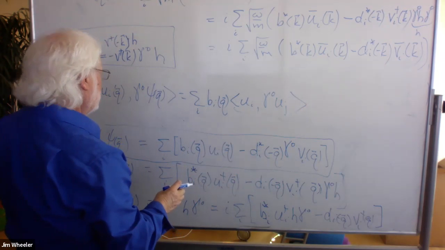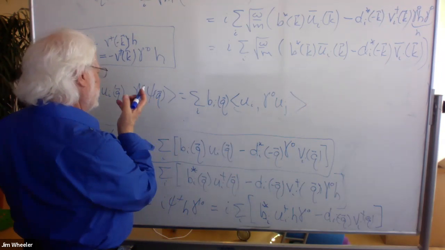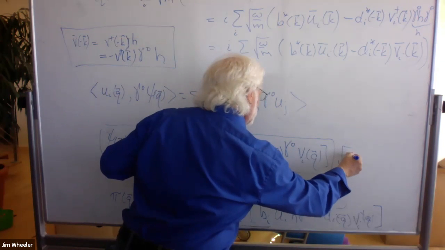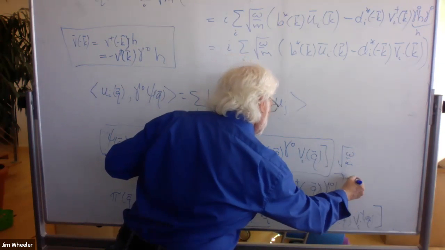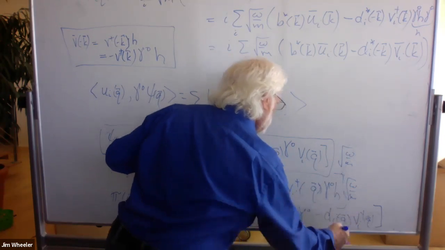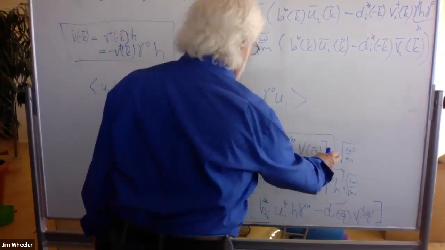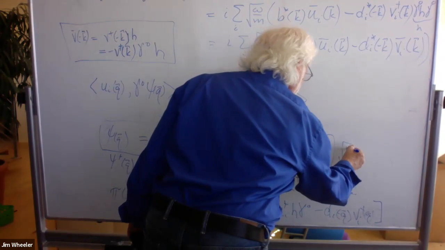Let's see. Have I forgotten a normalization? Yeah, all this is root omega over m, I think. Yep. No, m over omega.